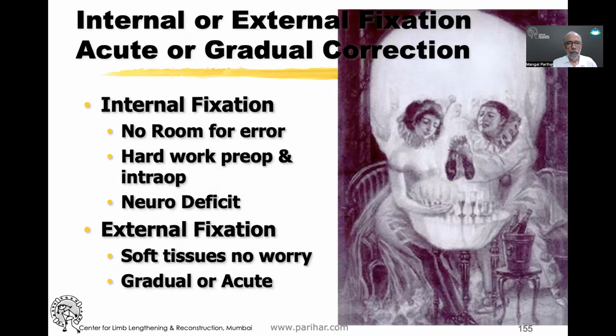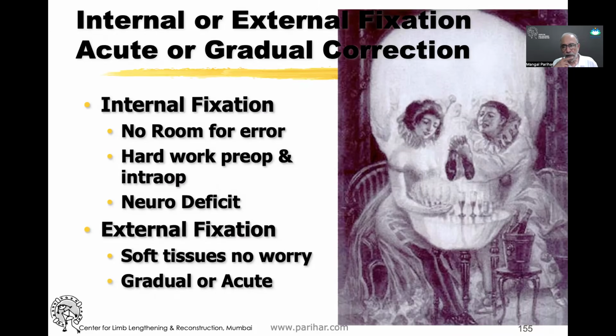And yeah. So what you use exactly for correction and whether you do an acute correction or a gradual correction really depends on your understanding of the issues involved. Internal fixation is much simpler for the patient later, but there's hardly any room for error.